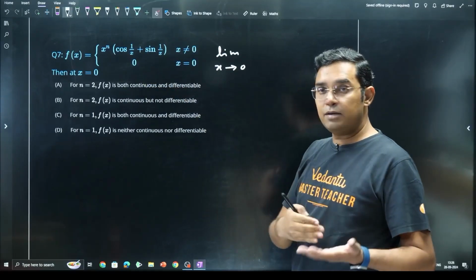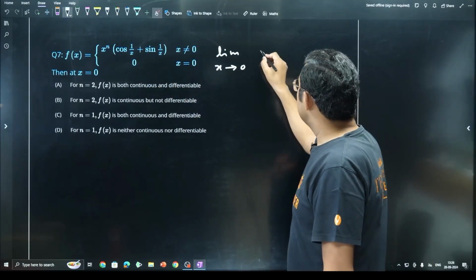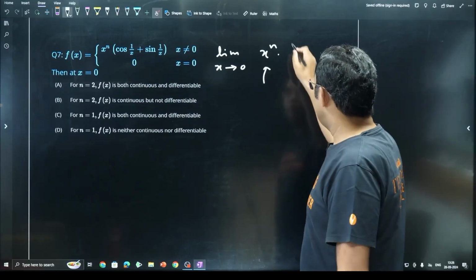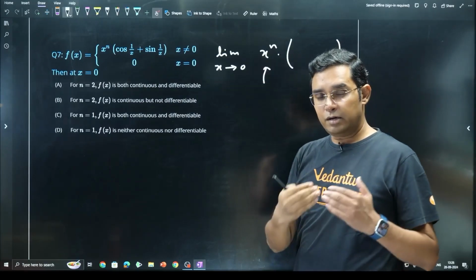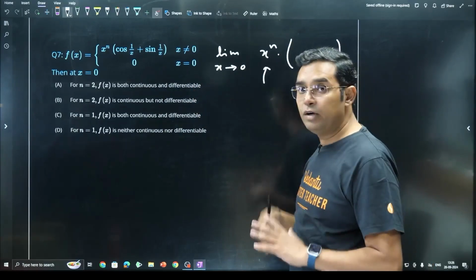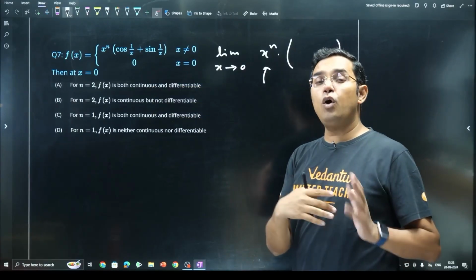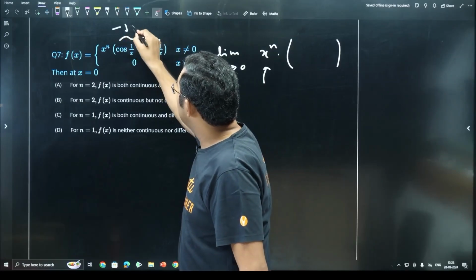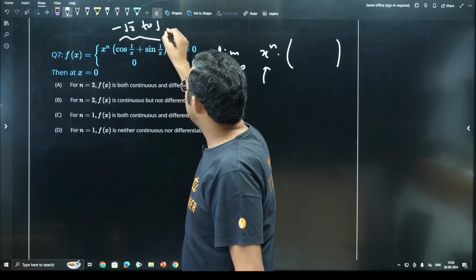Now because n is either 1 or 2, x raised to the power n will be approaching 0, whereas this bracket cos(1/x) + sin(1/x) will be oscillating. This can go from minus root 2 to plus root 2, minimum value, maximum value.